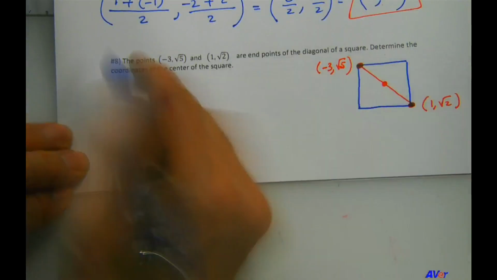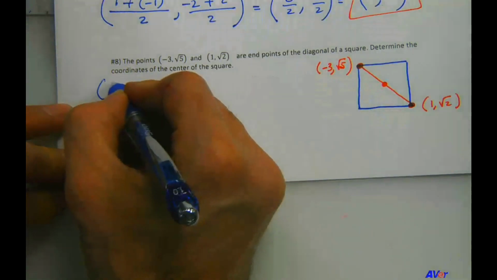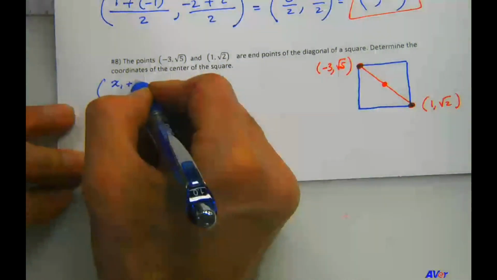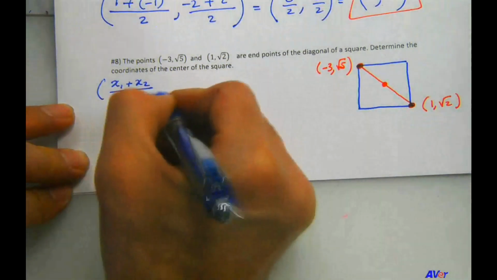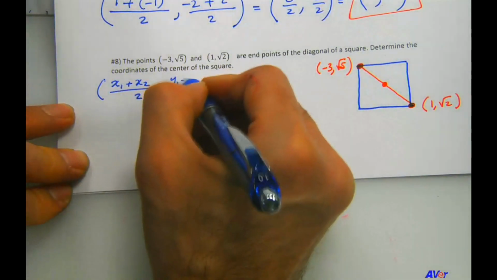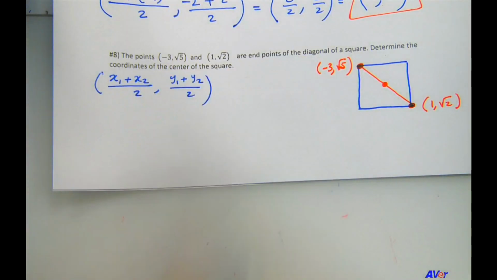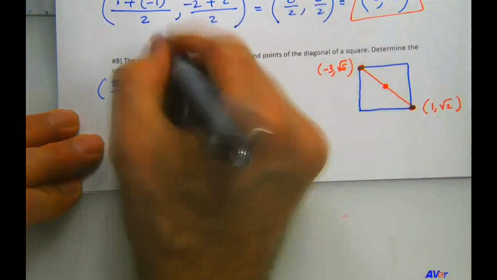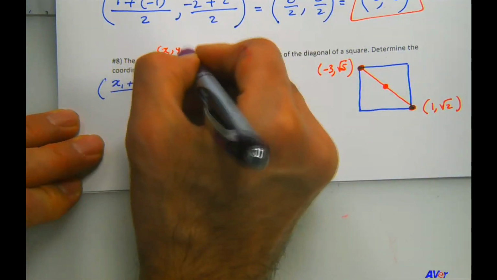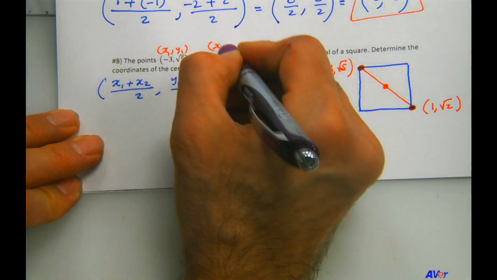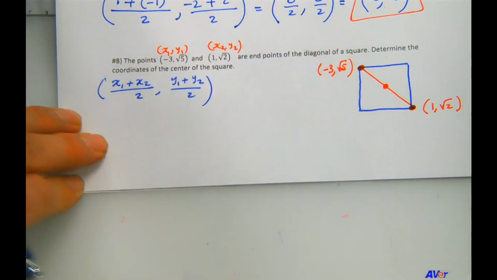And just so that we can look at it as we apply it, I'm going to write down the formula once more. So x1 plus x2 over 2 and y1 plus y2 over 2 are the coordinates. So let's label these. We don't have to, but it makes it easier to look back and forth between these numbers.